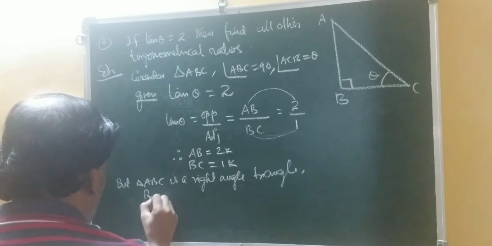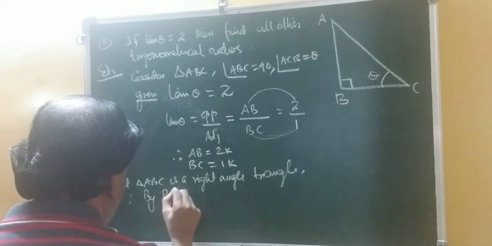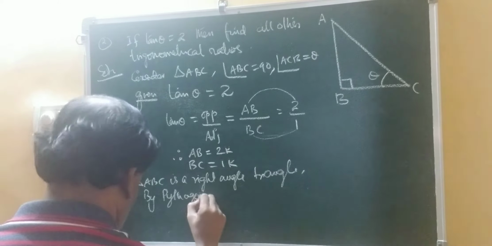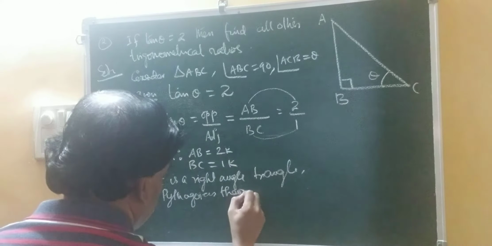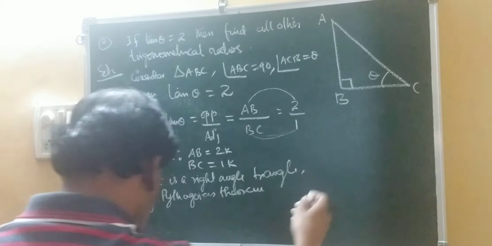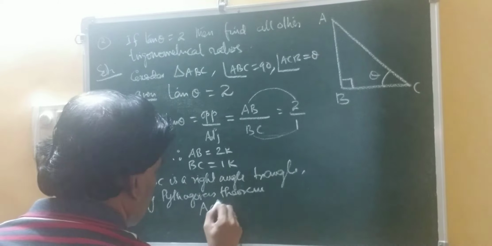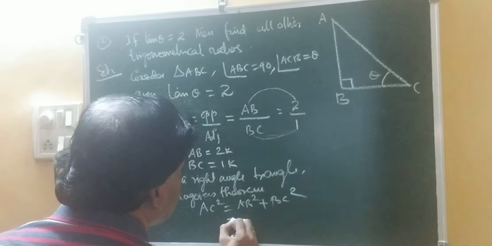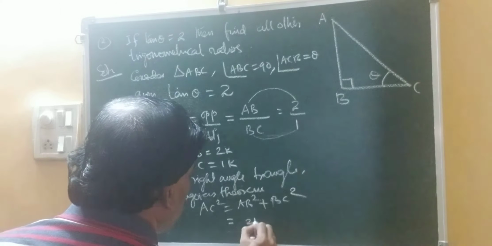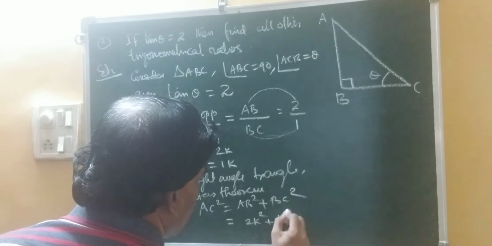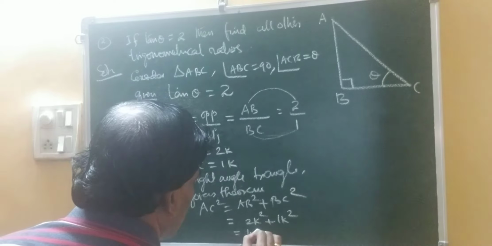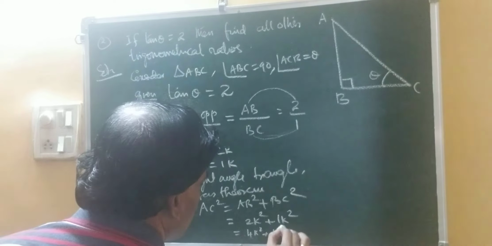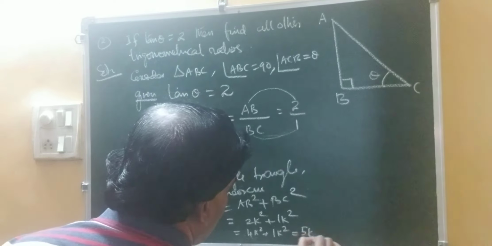Therefore, by Pythagoras theorem, AC square equal to AB square plus BC square. This is equal to 2K square plus 1K square. That means 4k square plus 1k square, that is 5k square.